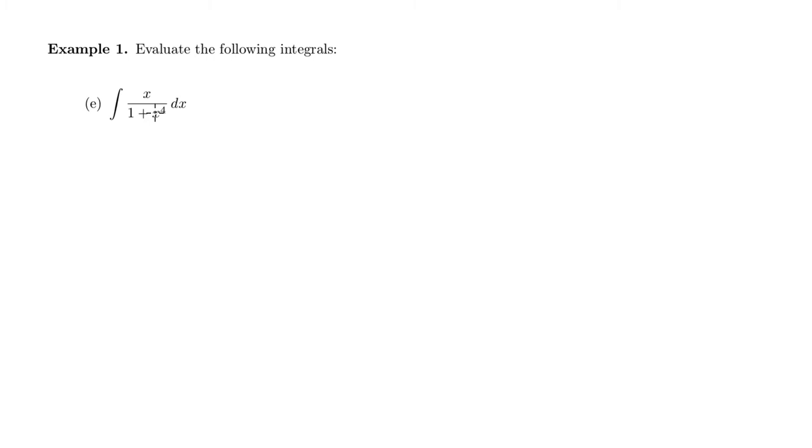And what I want to observe is that I sort of have a factor of 1 over 1 plus. Now I don't have x squared, I actually have x squared squared.